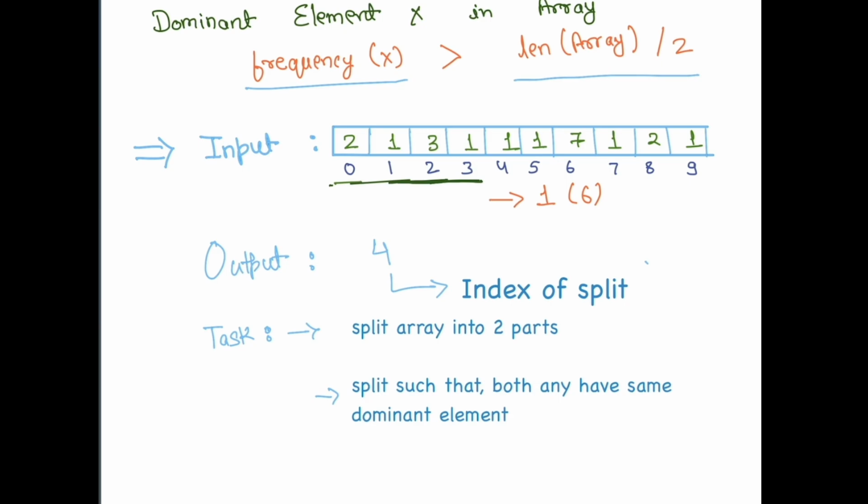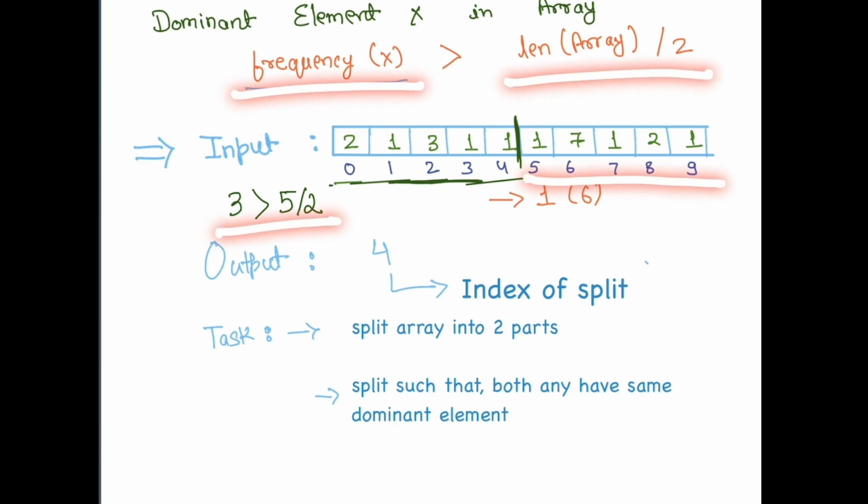But the moment you come to point number 4, you will notice that this time the size of your array is 5 and the total frequency of your dominant element 1 is 3. So since 3 is more than 5 divided by 2, we check with the half length of the array. So this is true. Now we know that we can at least divide it from the index 4, but we also need to make sure that the other part of the array also satisfies this condition, that the frequency of your element is more than half the length of the array.